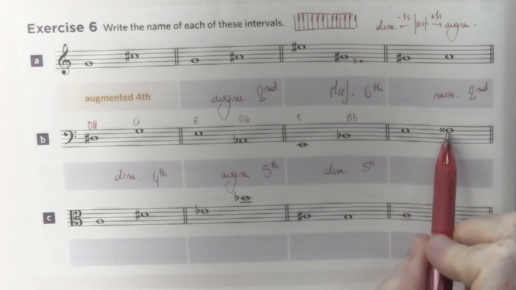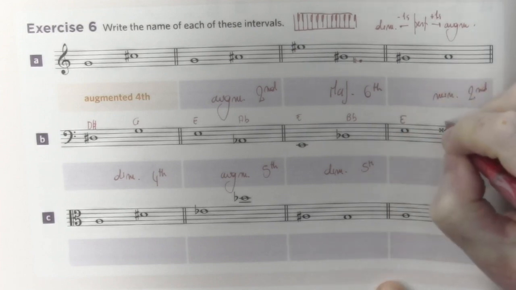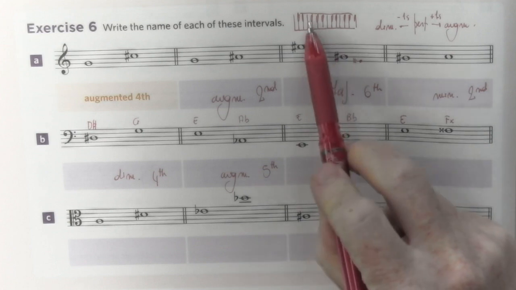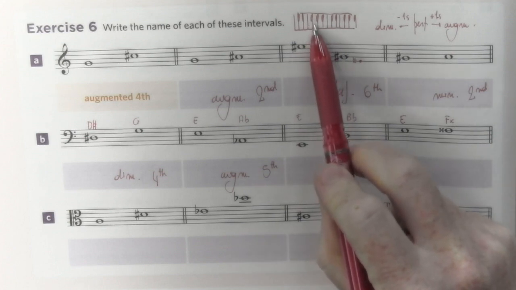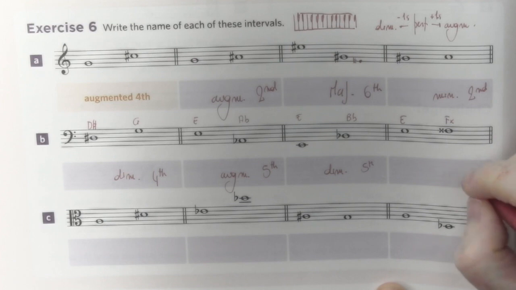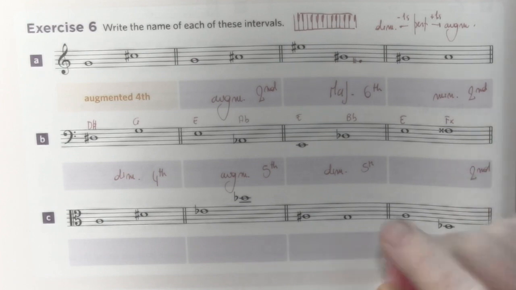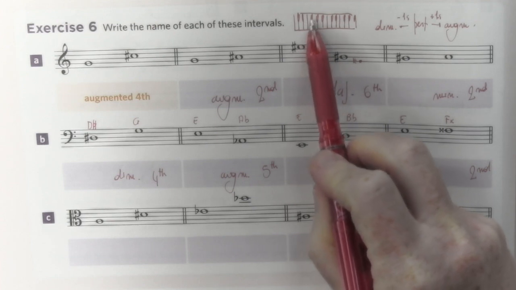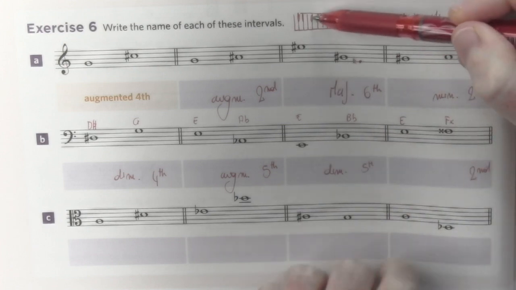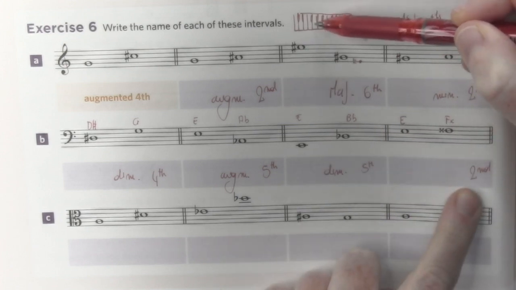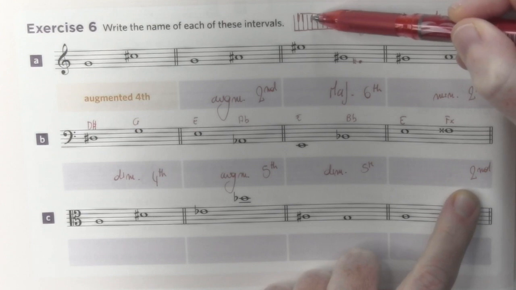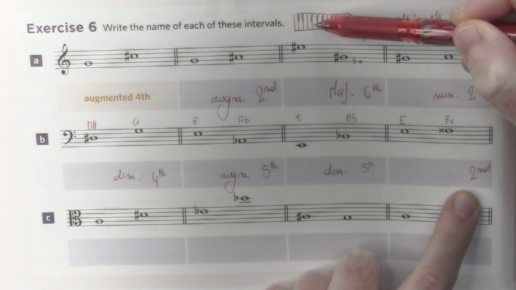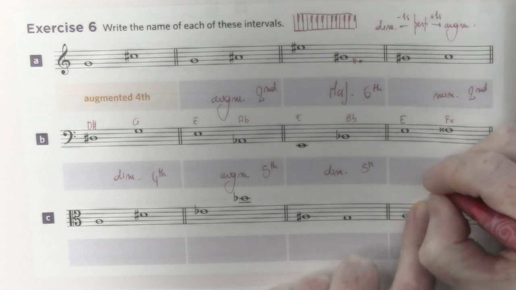Mi, Fa double sharp. Mi, Fa double sharp. This is a second. Now, a major second would be 2 semitones. So, here, Fa sharp. Mi, Fa sharp would be a major second. But we have another sharp, basically another semitone up, which means that from major we get to augmented.